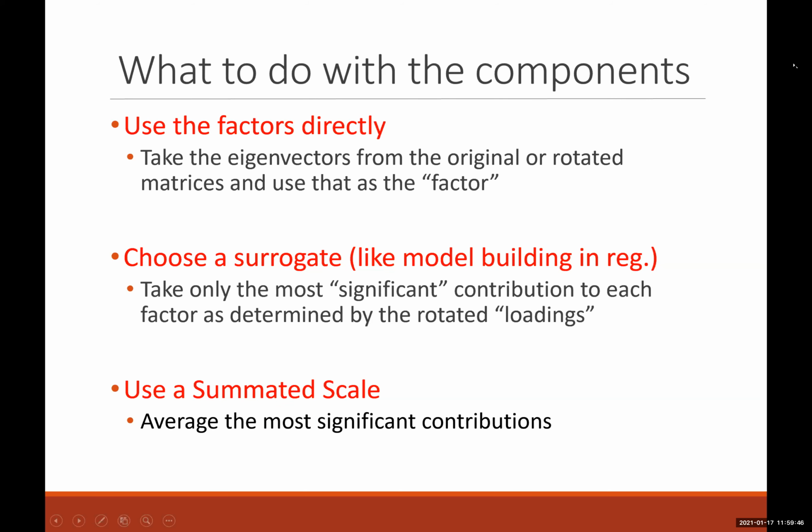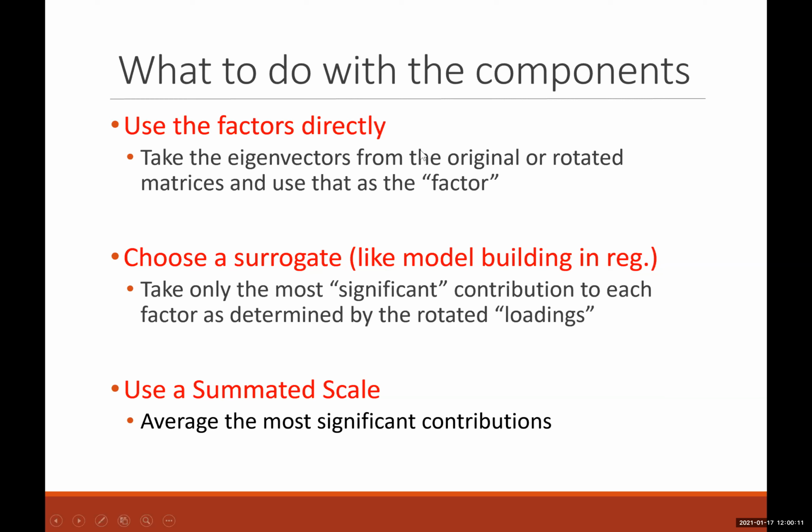Now, one of the things that always comes up is, what can we do with these components once we've created them? Well, we can use them as the factors directly, and this would be something like creating a score, like a hospital score or a pain scale, or whether you're extroverted versus introverted.